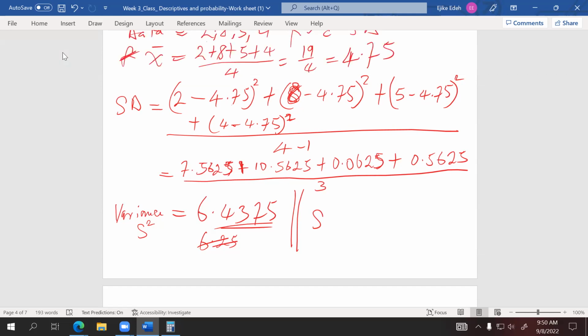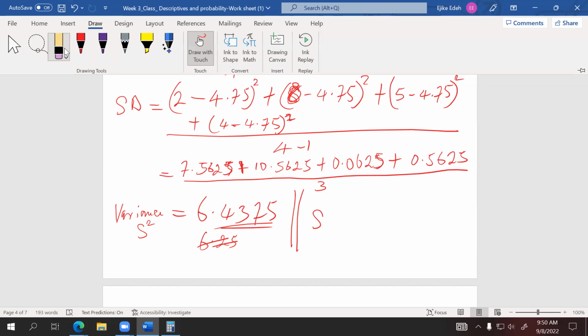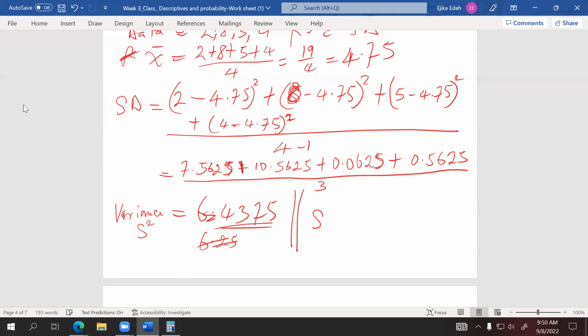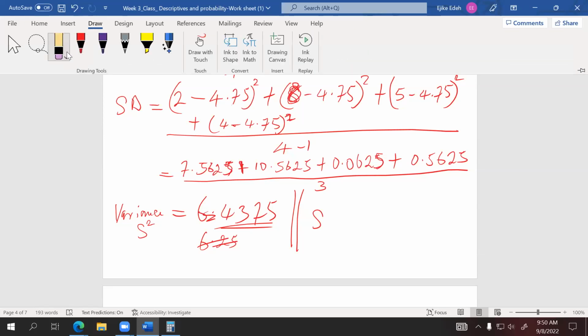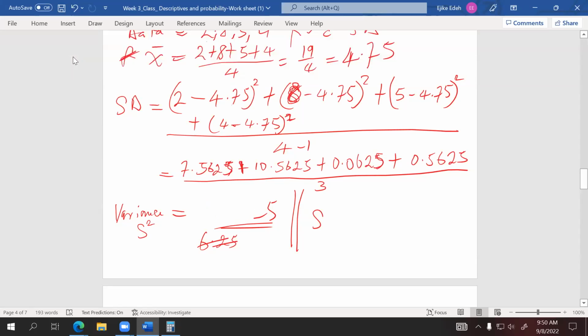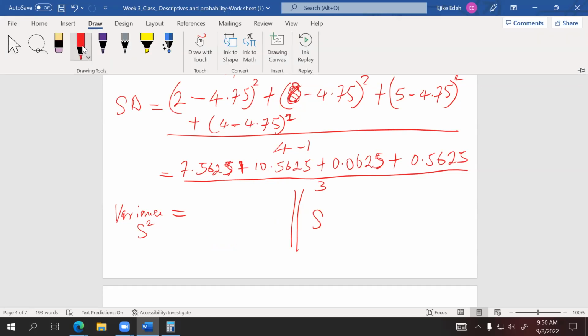Yes, 6.25. So we have many people getting that. Let's go with that. What I'm trying to illustrate is the process, right?